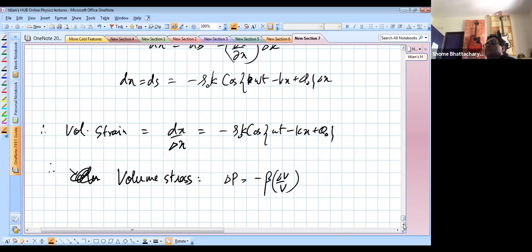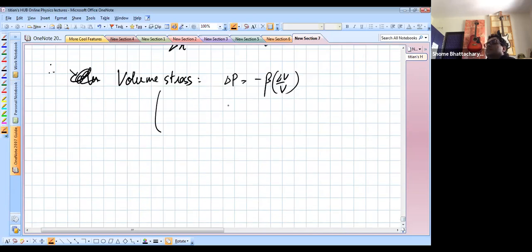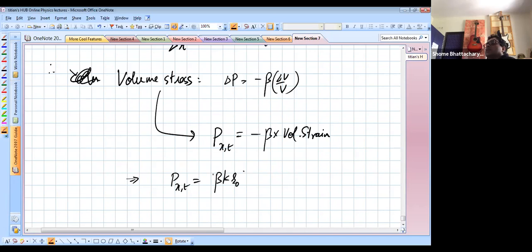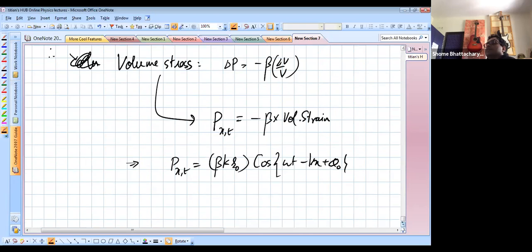So here we write the volume stress, but you should understand that it's actually a pressure variation. We write it as a function of x and t. So that quantity is minus of beta into volume strain, and we just saw the volume strain above. So the pressure variation or the excess pressure at x as a function of time becomes beta k into s naught into cosine of omega t minus kx plus phi. So this quantity is what we call the pressure amplitude.